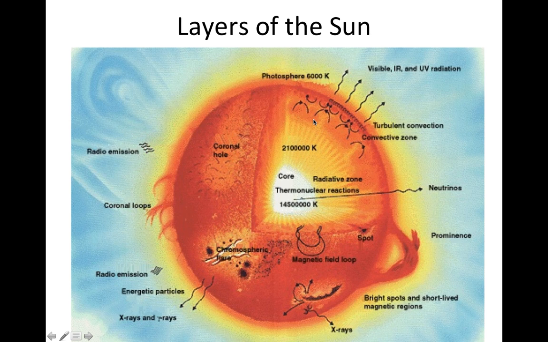Because of the difference in temperature, the material, the gases, the plasma in this area of the sun, moves in a convection movement. The cooler material sinks, and as it sinks, it heats up and then rises up again. As you can see in this graph, there are several different convections that happen.